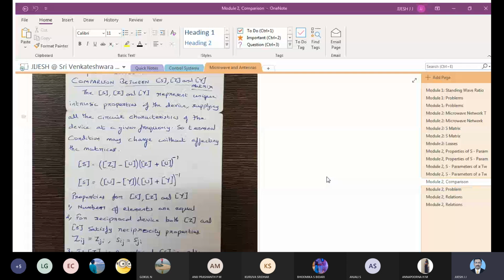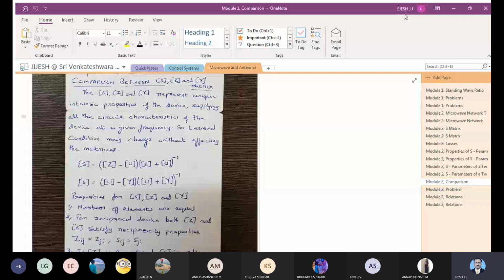The comparison is between S parameters, Z and Y matrices. As you have studied before, the S parameters have S11, S12, S21, and S22, which obey the reciprocity property for reciprocal devices.